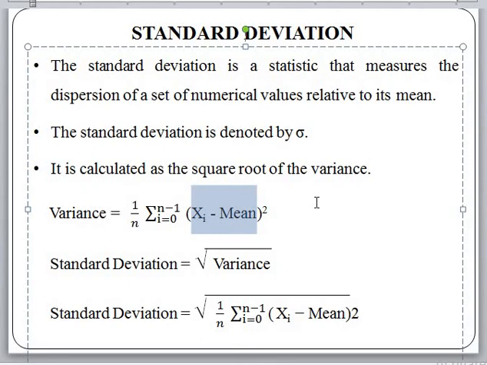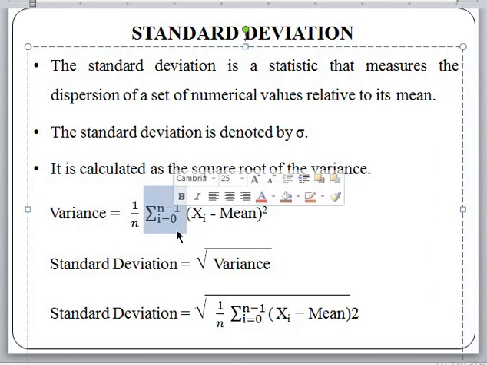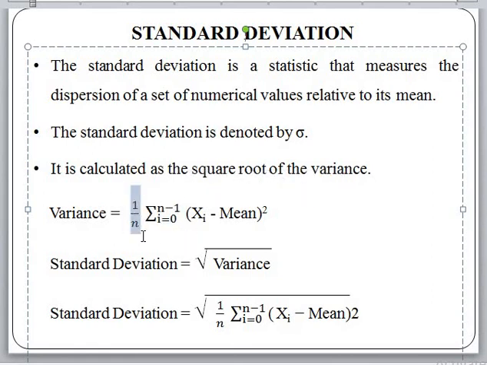Each term will be subtracted by the mean, and its square we have to find. Such computation for all elements starting from i equal to 0 to n minus 1, and finally we have to multiply it by 1 by n, which is nothing but the variance.